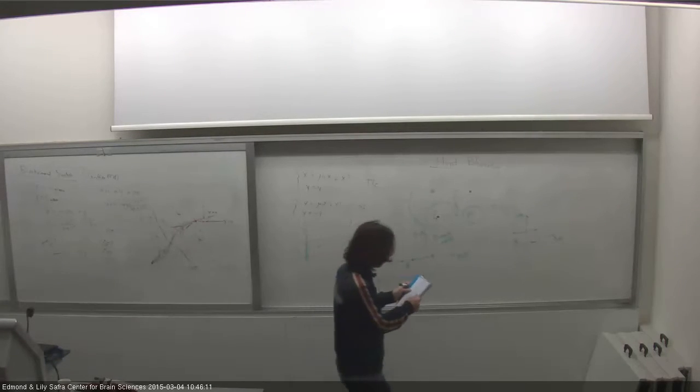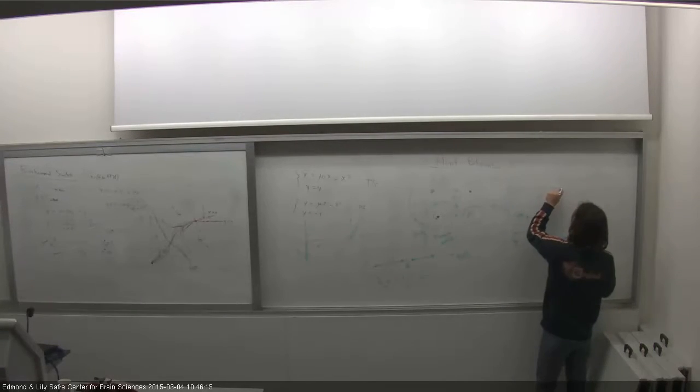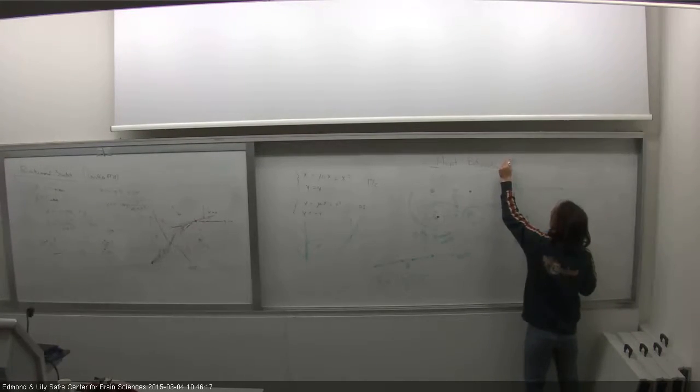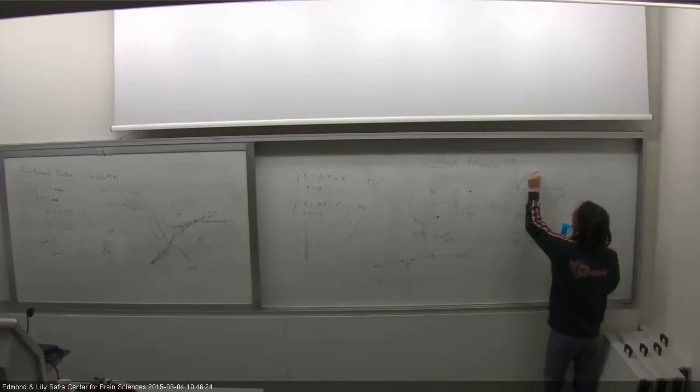The way we draw this on a bifurcation diagram is this. We might have our bifurcation parameter mu. So this is our spiral, and at some point it loses its stability, and we have opening a stable limit cycle.